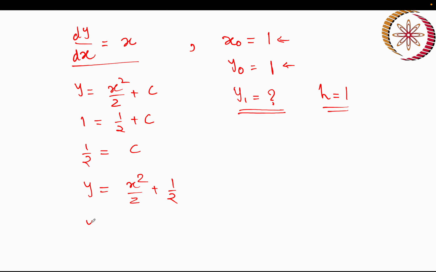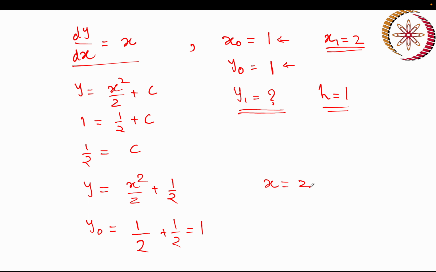If we compute at x0, y0, x will be 1, so y is 1, that is correct. And if we substitute, let's say we are interested now in x1 equal to 2.